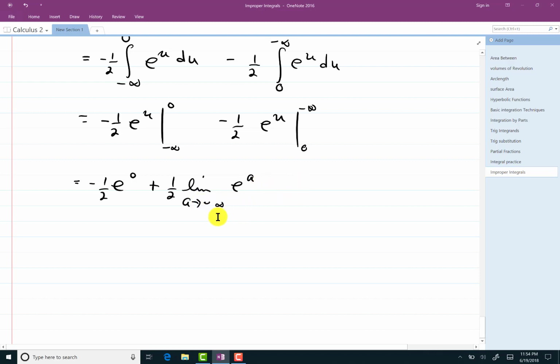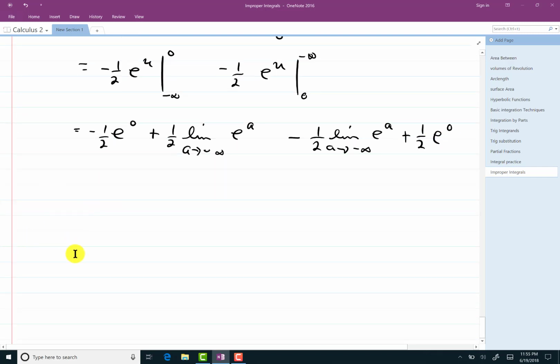Well, as a goes to negative infinity, remember e to the a, that's the left side of that graph I showed you, that part's going to be going to 0. Same thing is going on here. I'm going to have the limit, using a again since it's going to negative infinity, of e to the a, plus 1/2 e to the 0.